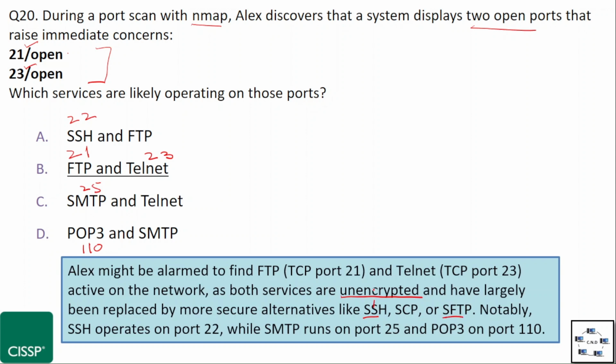So SSH is the secure replacement of Telnet, and SCP or SFTP is the secure replacement of FTP. Notably, SSH operates on port 22 while SMTP runs on port 25 and POP3 on port 110.